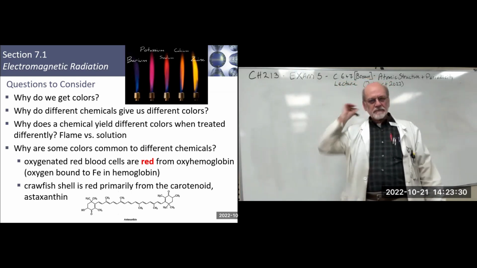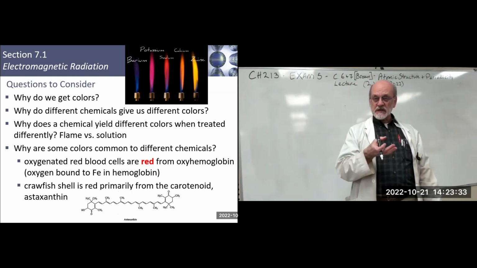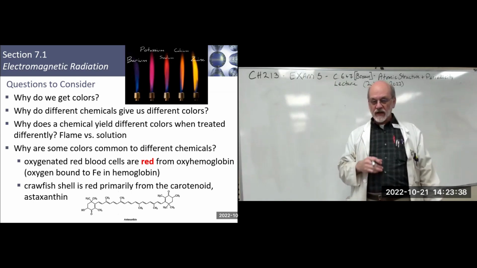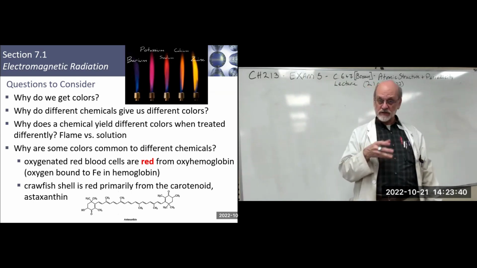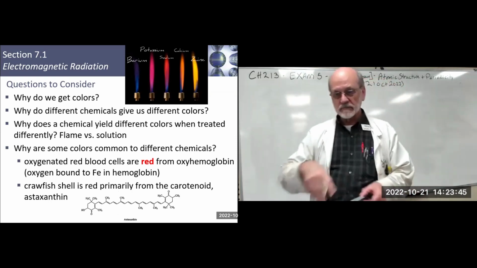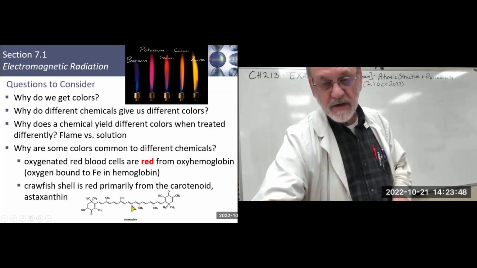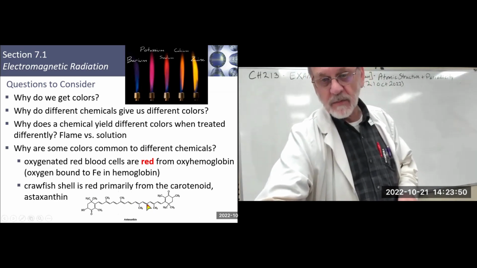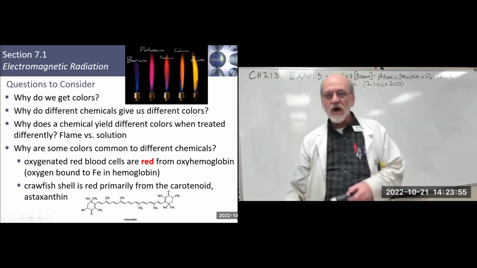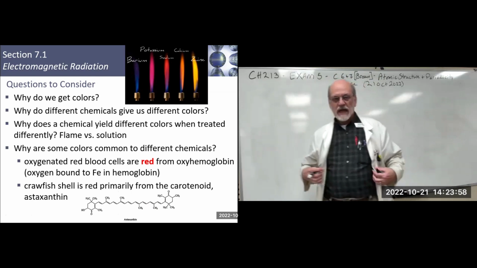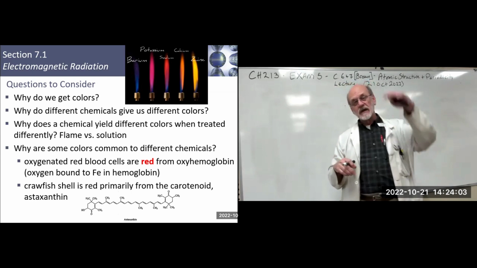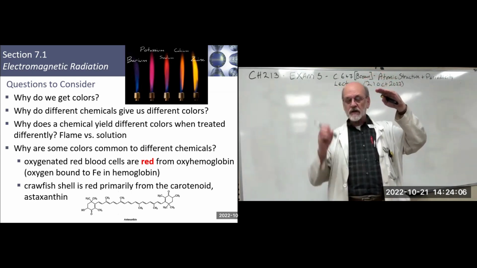Anyway, you know that the crawfish has a red color in its carapace. And that color is primarily due to a compound called astaxanthin. And there is the structure. Notice it has all these double bonds: double bond, single bond, double bond, single bond. Those are called conjugated double bonds. The more of them you have strung together, the lower the color comes in the spectrum.